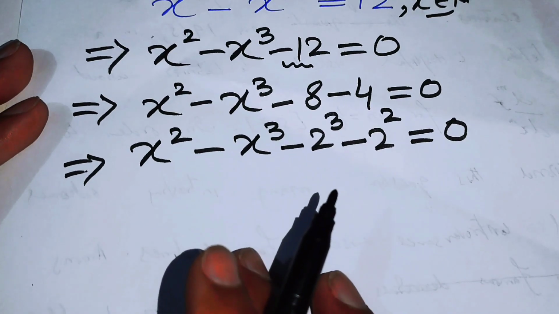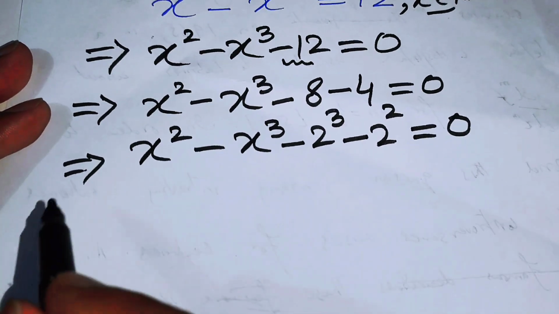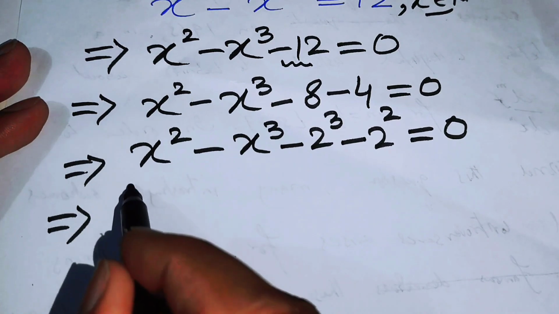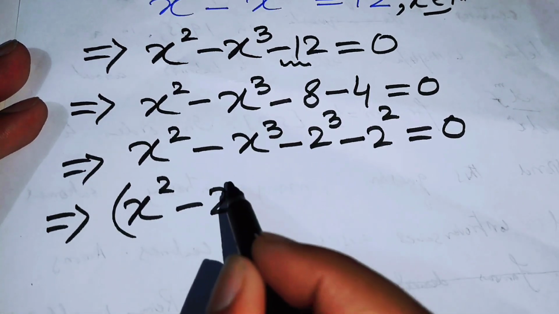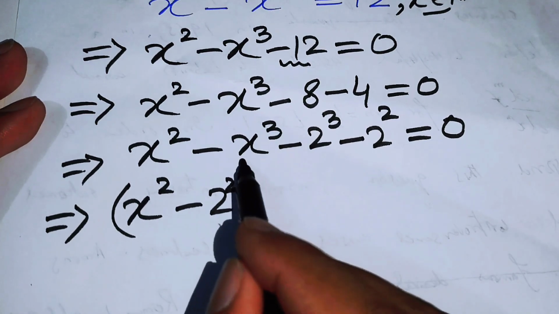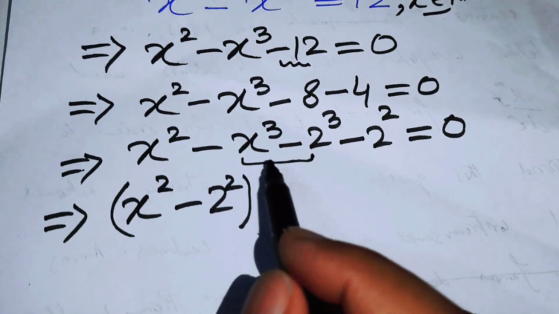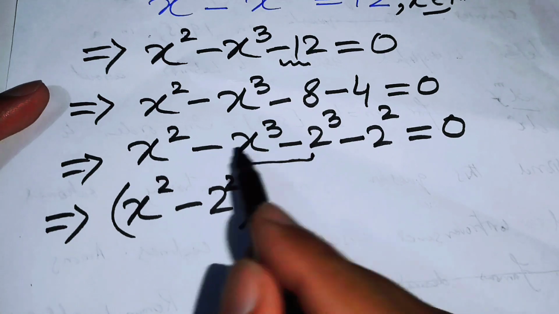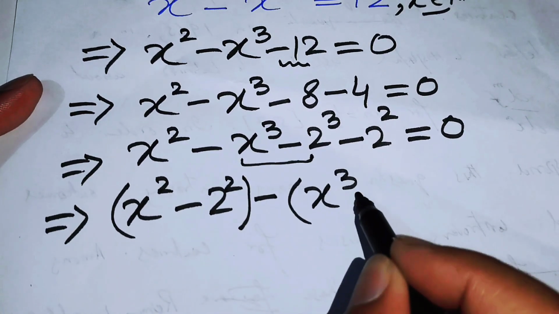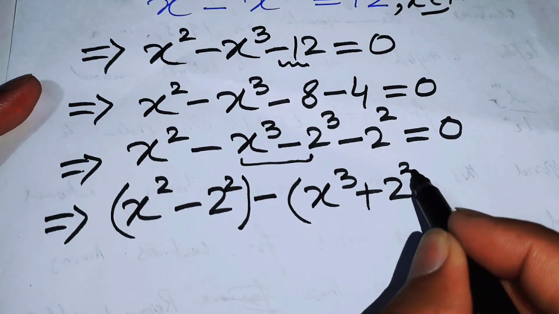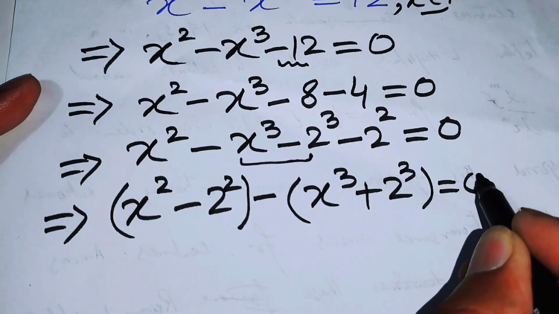Now we make the pairs of cubic terms and square terms, so that we make the pair of x squared with minus 2 squared, and we make the pair of these two cubic terms. So here you see that both terms are negative, so we will take the common minus sign, and here you get x cubed plus 2 cubed is equal to 0.